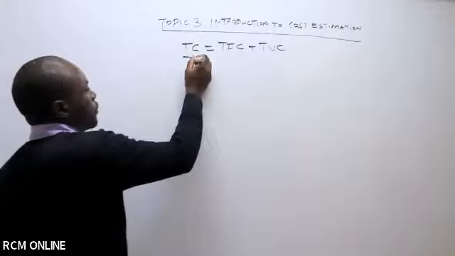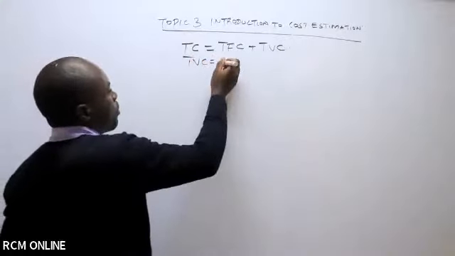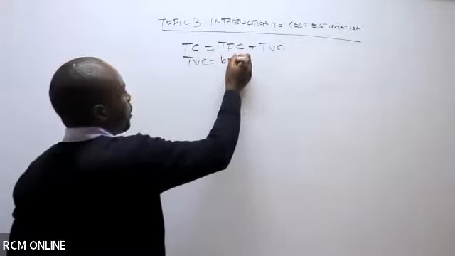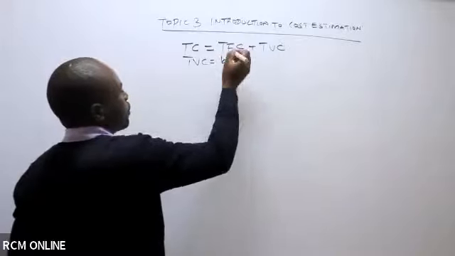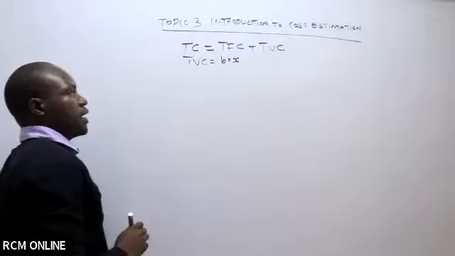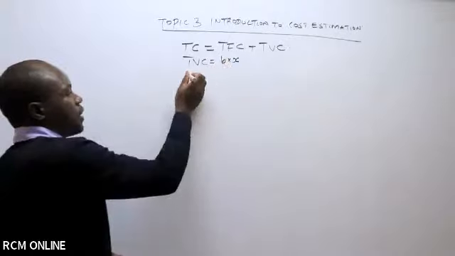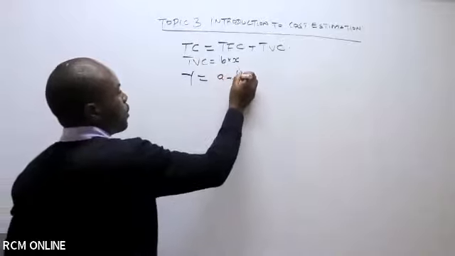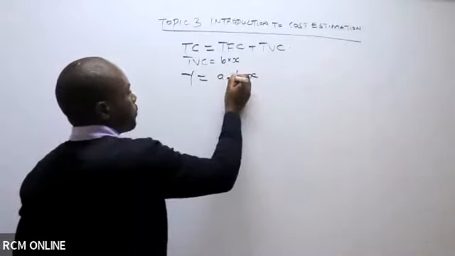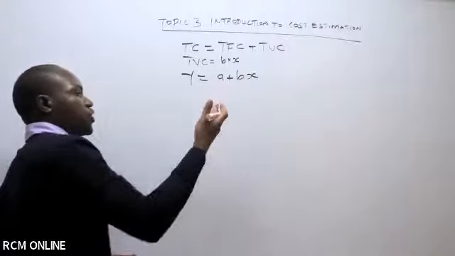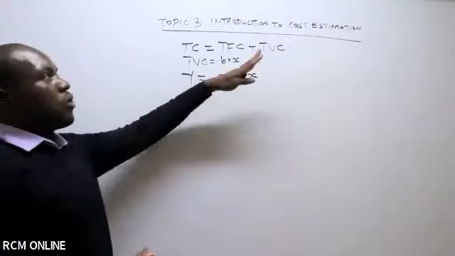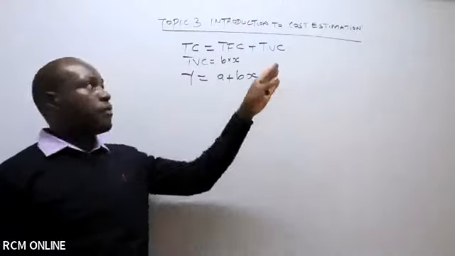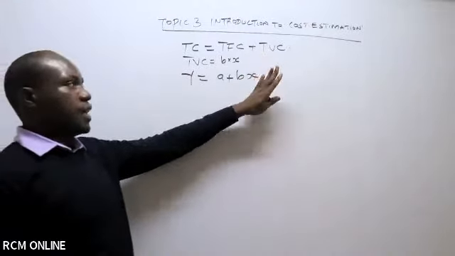Total variable cost is equal to variable cost per unit multiplied by quantity or activity level. This will be simplified in the form of y equals a plus bx. So this is the introduction part of this concept of cost estimation, the first part of cost estimation.